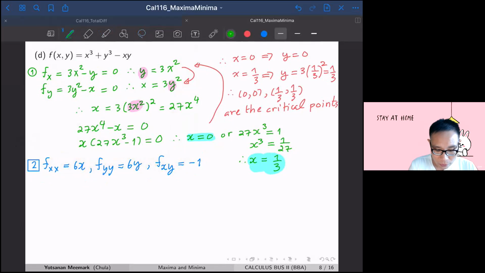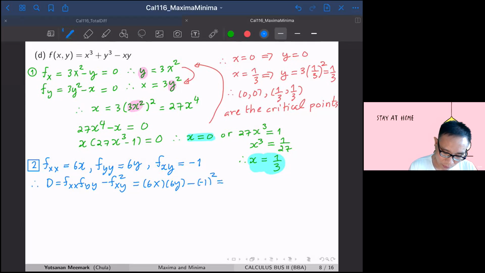Okay, so you're gonna compute D in this case. It's gonna be fxx times fyy minus fxy squared, so it's gonna be 6x times 6y minus (-1) squared. So this will be 36xy minus 1.